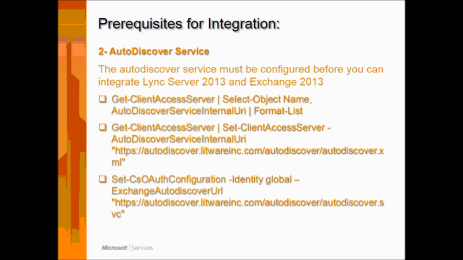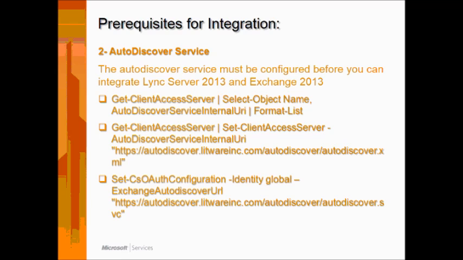So you open the PowerShell and run Set-CsOAuthConfiguration -Identity global. Actually, if you didn't even enter Identity global, it will be the default value. But this is to make the full command for you.